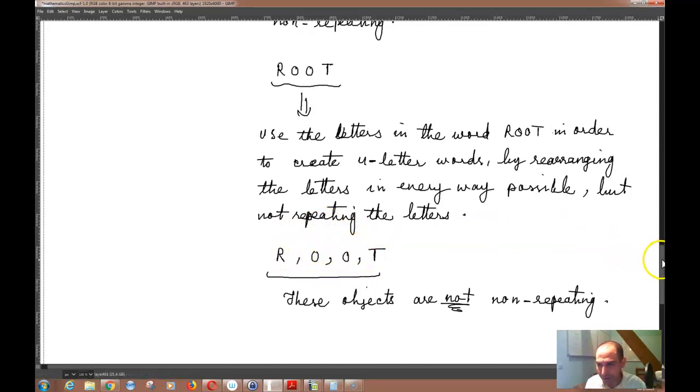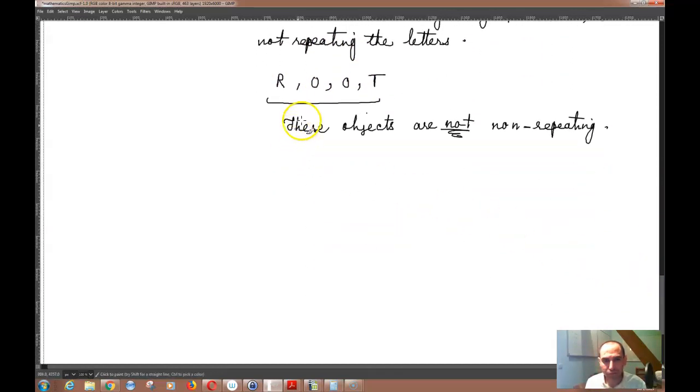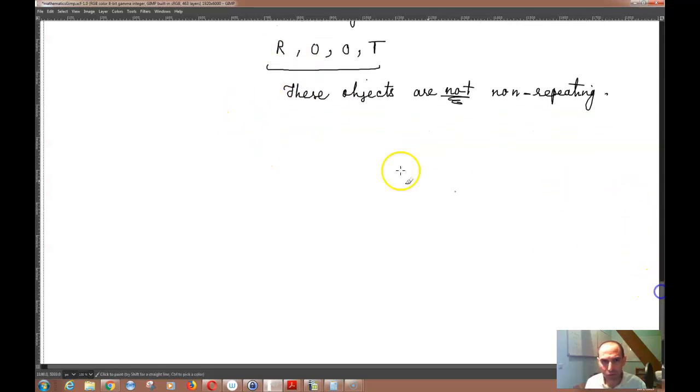Suppose you want to make four-letter words.